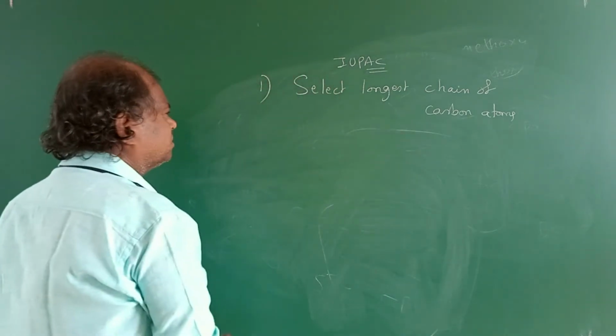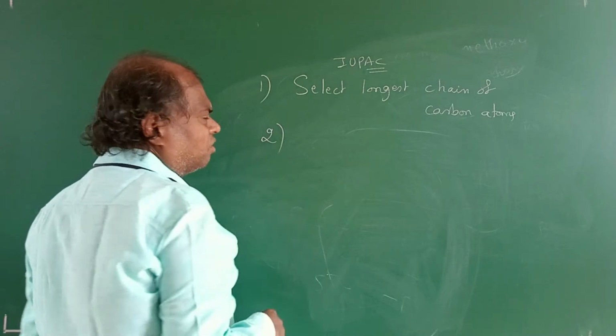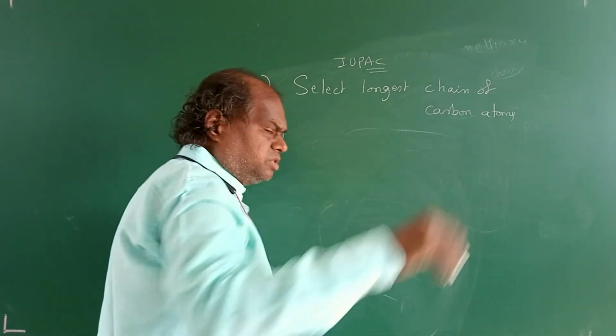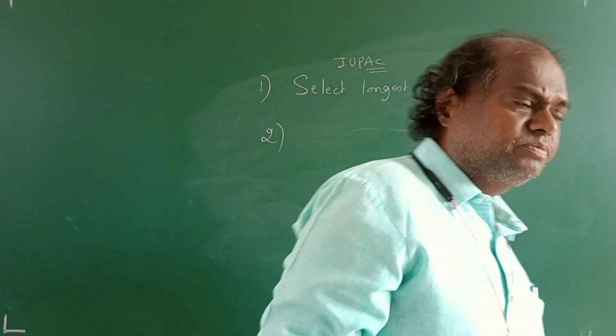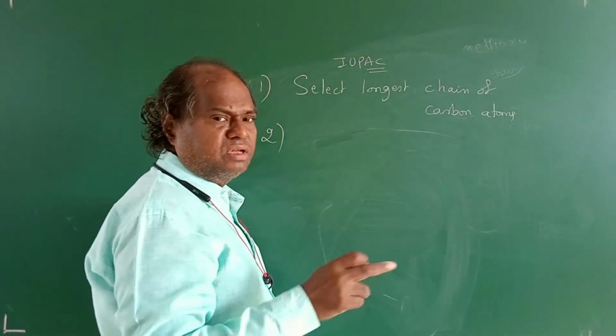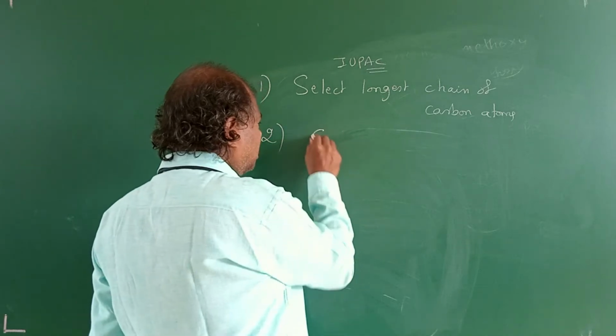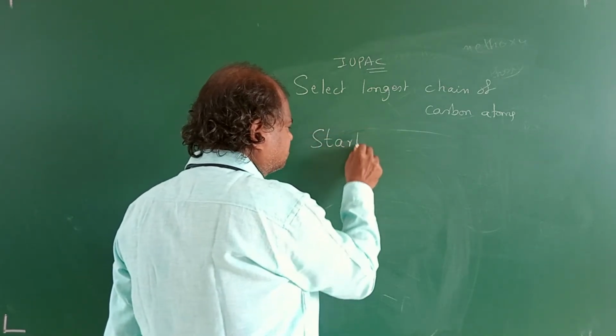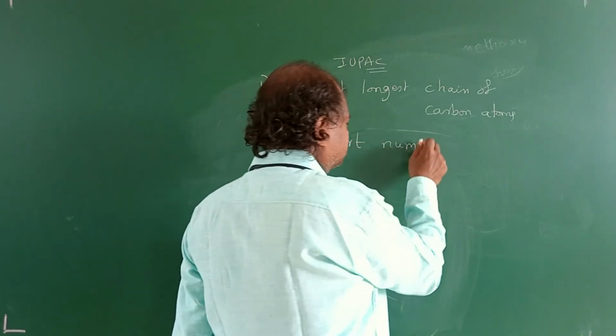The second rule is, once you select the longest chain, then you will have substituents, right? Suppose you have got substituents. Then you have to number the substituents, right? You have to give some numbers, right? So you have to start numbering from that end. Start numbering, right?